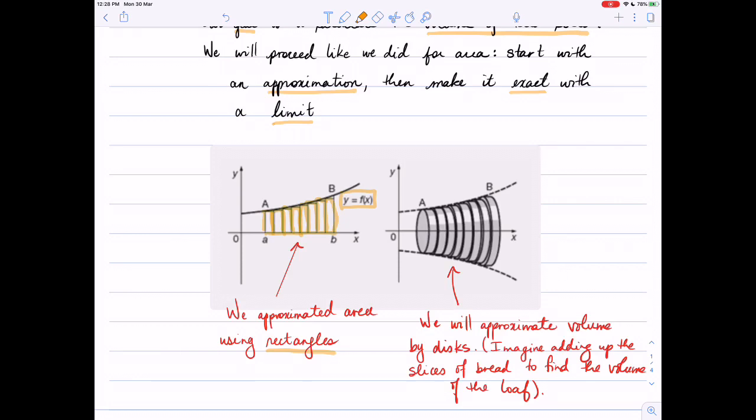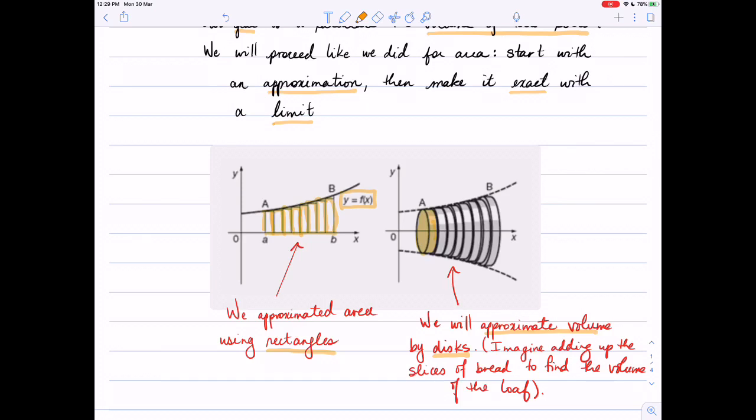So we're going to do exactly the same kind of idea with volume, but we're going to approximate volume by disks. So disks are these slices here, right? That is one disk. And you're going to imagine slicing up your solid like you would slice a loaf of bread.